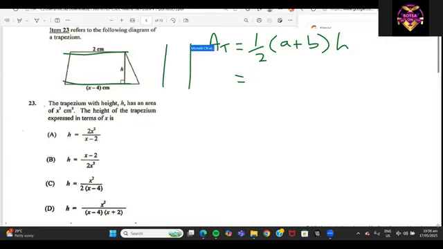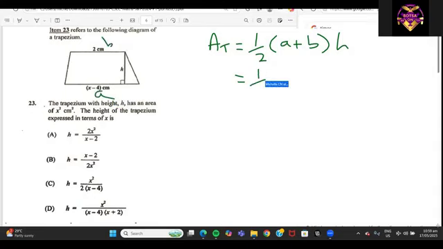Sometimes they may draw a trapezium this way, and then the parallel sides will be these. So the two straight sides that are not slanted are always the parallel sides. And it doesn't matter which one you put as a or b because you have to add them. It doesn't really matter, but I'll put this one as a, and this one as b.